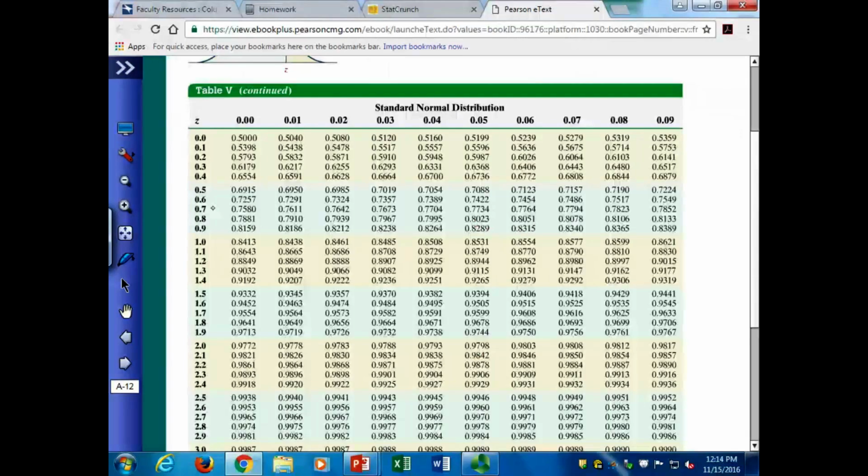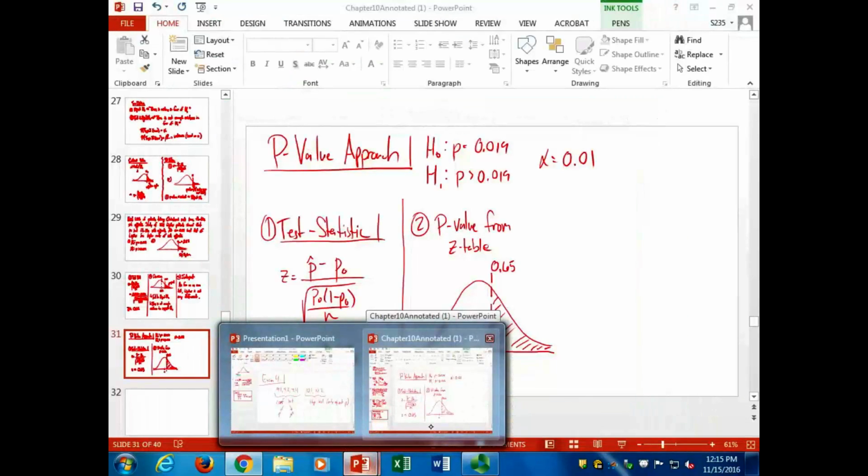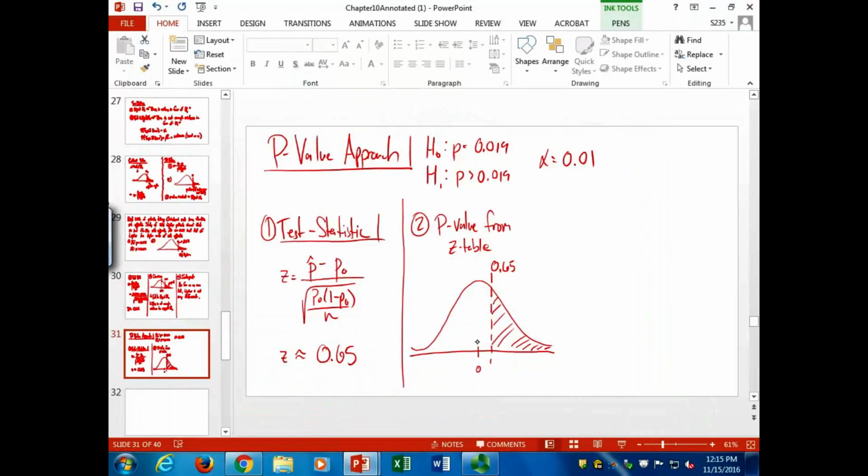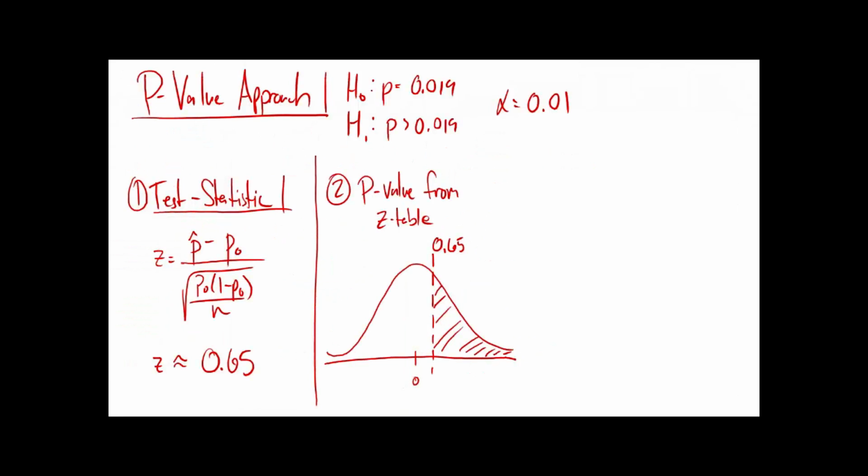So 0.7422, that's below, right? So this is 0.7422.